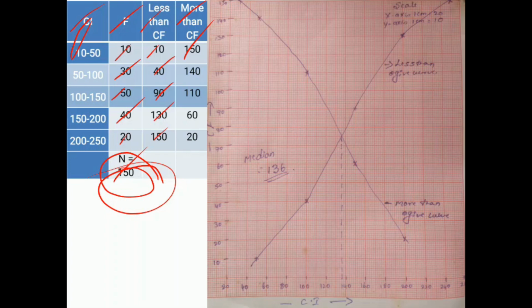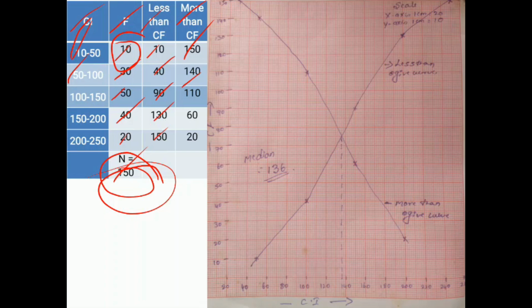So more than 50 is 140. Why? Because 10 students belong to 10 to 50. The remaining students above 50 are 140 students out of 150. I hope you understood the concept. Let me give you how practically you will be solving here.